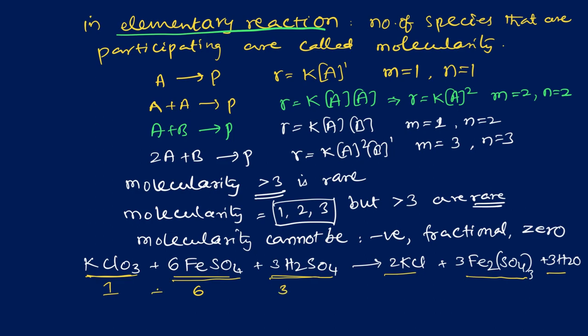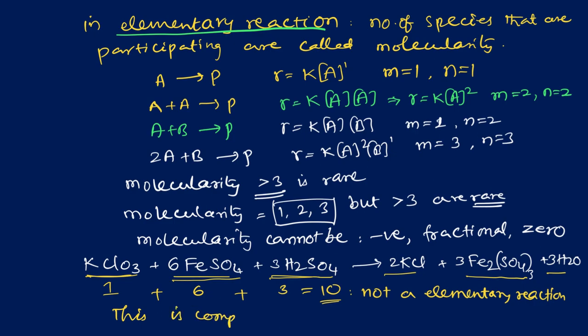Total 1 plus 6 plus 3 is equal to 10. Already I told you that molecularity greater than 3 is very rare. Here molecularity appears to be 10. It means this is not an elementary reaction. This is a complex reaction.